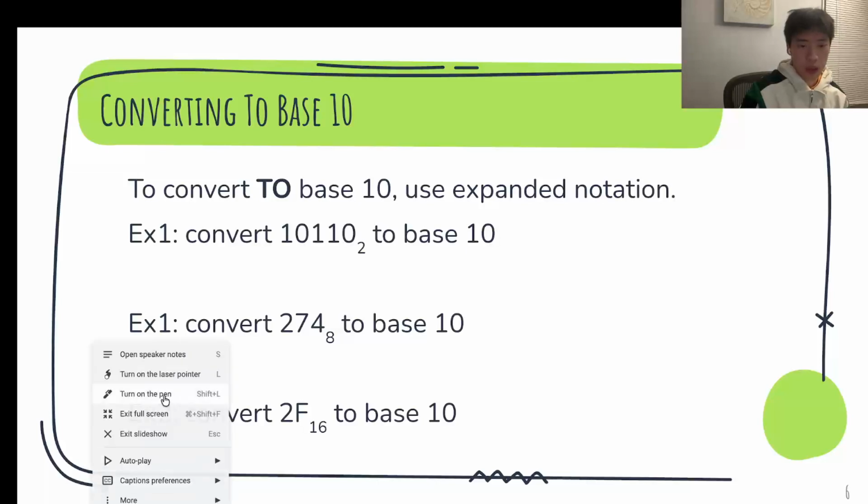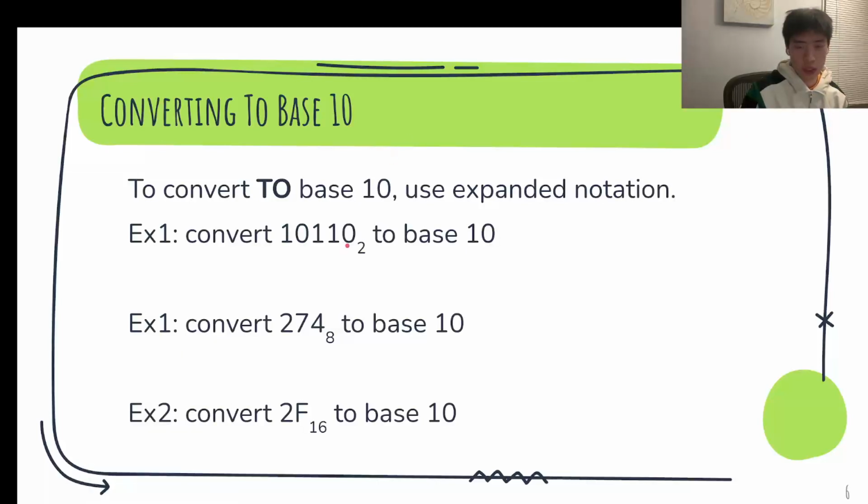So, this binary number here, 10110, is in base 2, or binary. This little 2 represents that it's in base 2. And we want to convert this to base 10. So, let's first put this in expanded notation. Well, there is a 0 in the first place, a 1 in the second, a 1 in the third, a 0 in the fourth, and a 1 in the fifth.